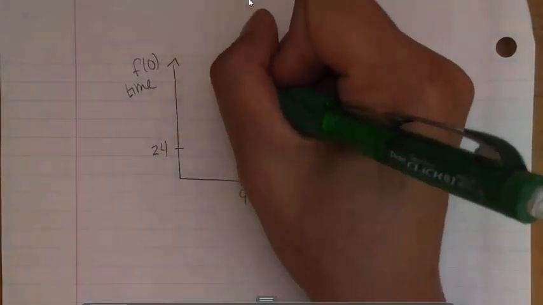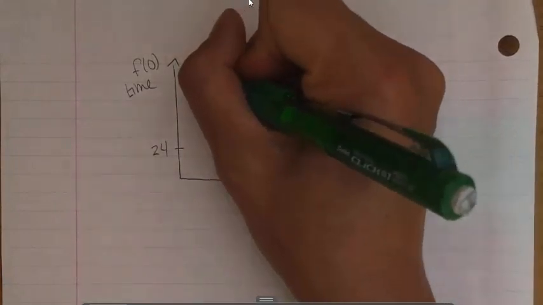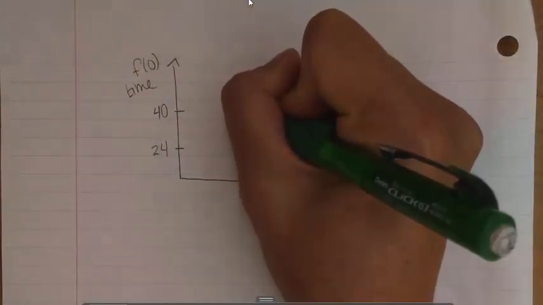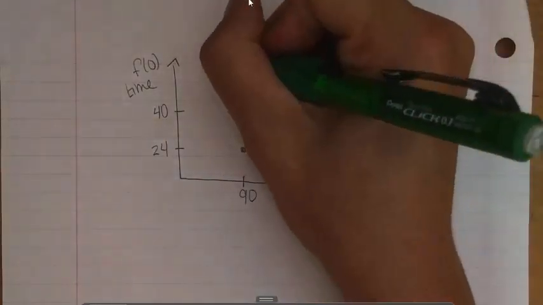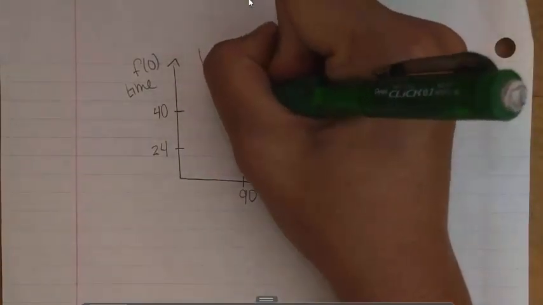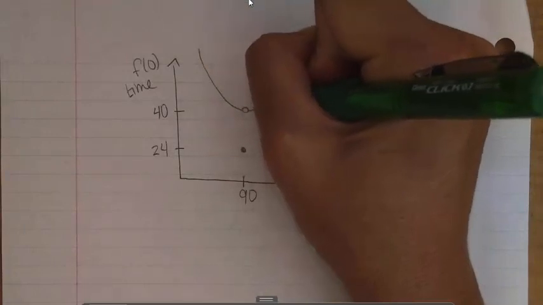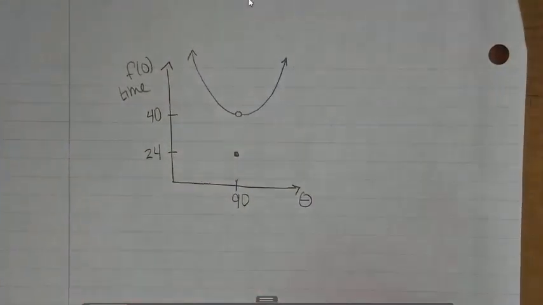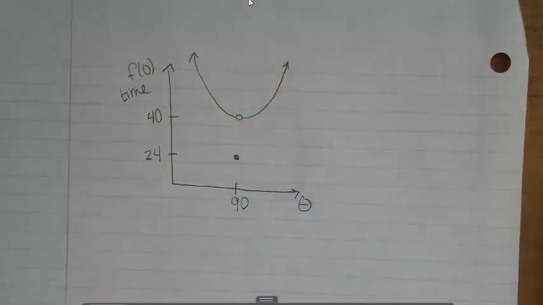But there's this second piece that is also giving us this time at like 40 seconds. But we know that that can't be possible. So we leave a hole there, and the rest of the graph looks something like this. And you can put in times there if you want to. It's up to you guys.